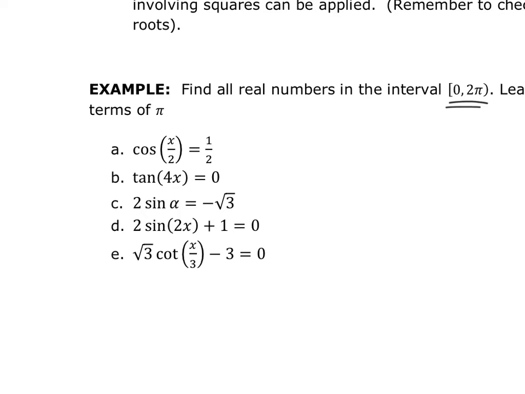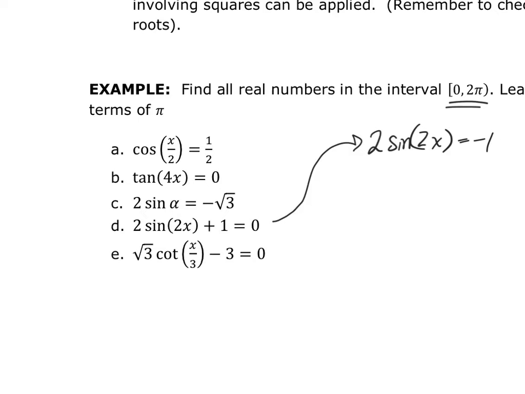Okay. So if I take a look at D, the first thing I'm going to do is isolate my sine. So I'm going to take the 1 and bring it to the other side of the equal sign. So 2 sine 2x is equal to -1.